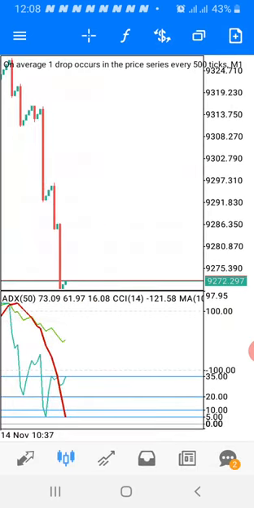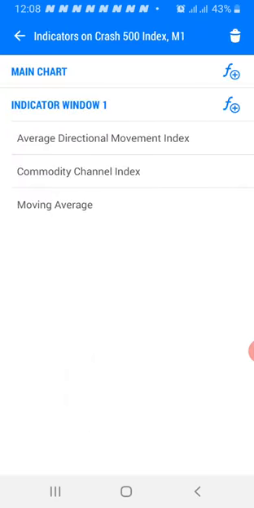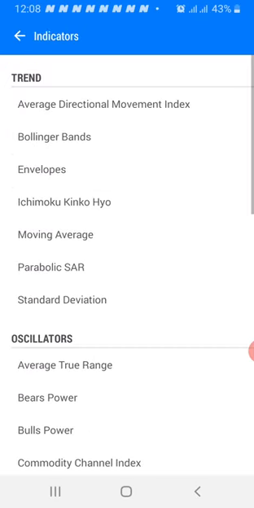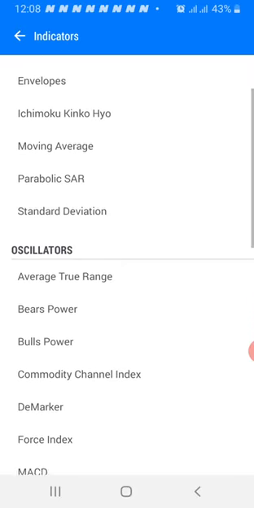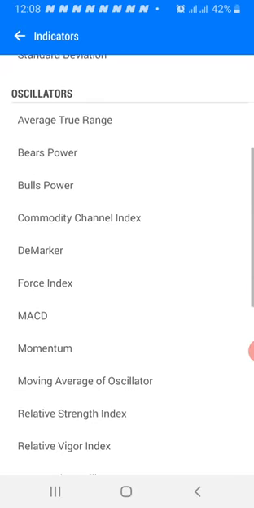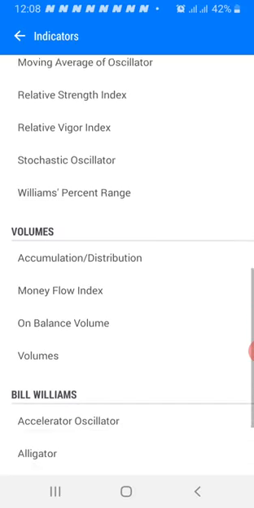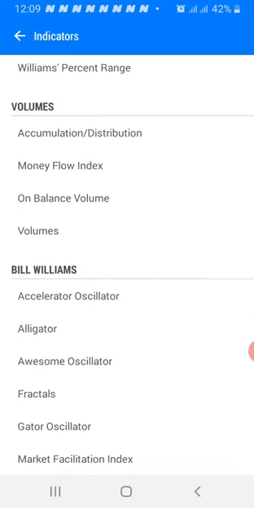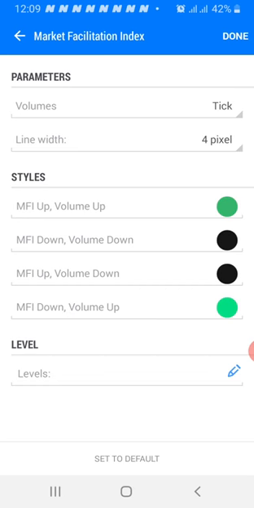Then the next indicator, which is the last indicator we'll need, is the market facilitation index. Click on the indicator tab, click on add indicator, market facilitation. For the volume, you use tick.